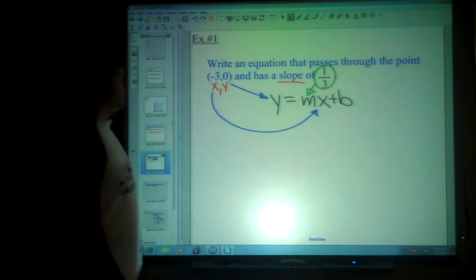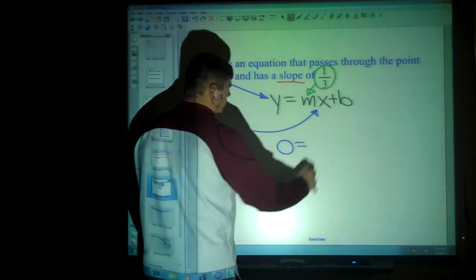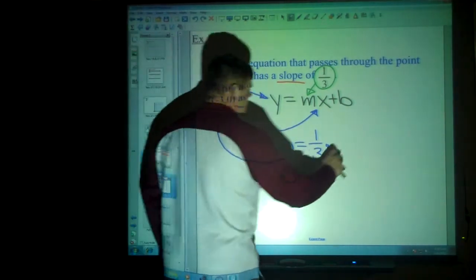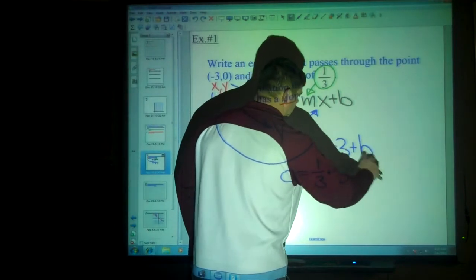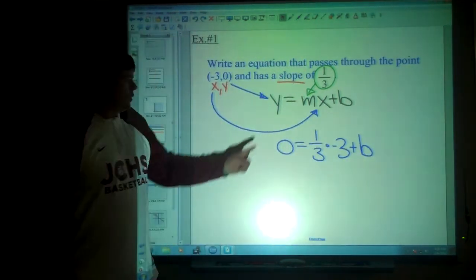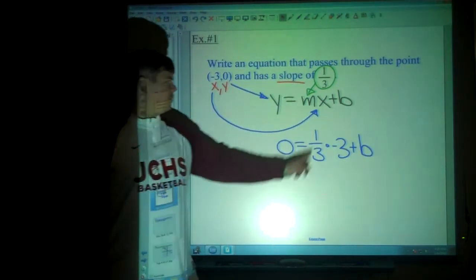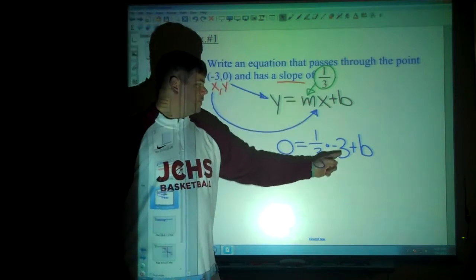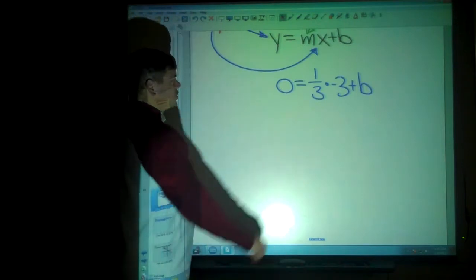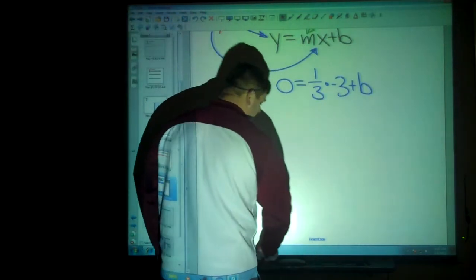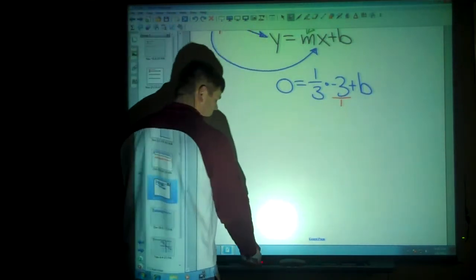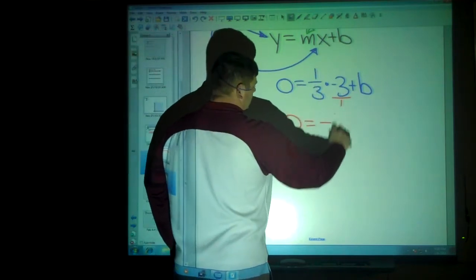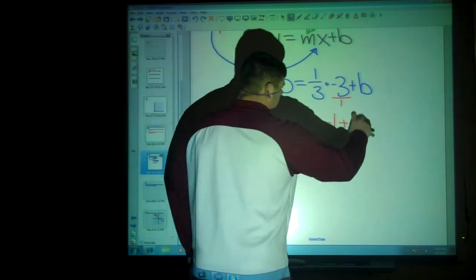Once you substitute those three values in, you'll have 0 equals 1/3 times -3 plus b. Now you can multiply 1/3 times -3, because you can write -3 as -3 over 1. 1/3 of -3 leaves -1 plus b.